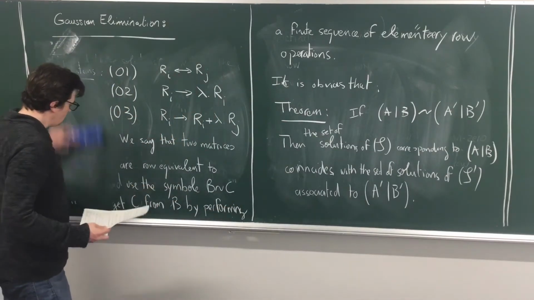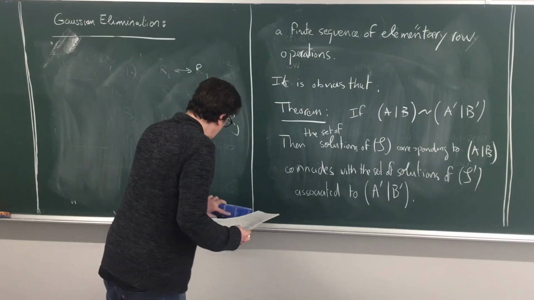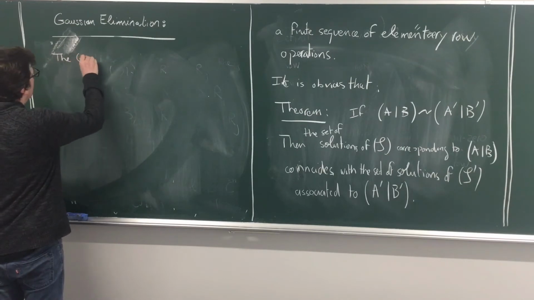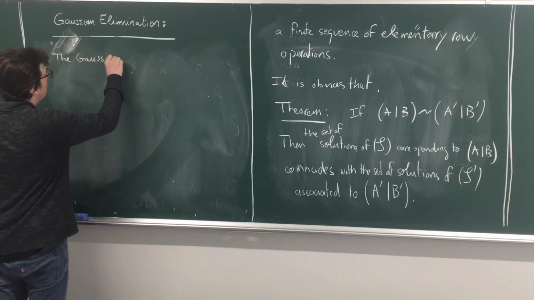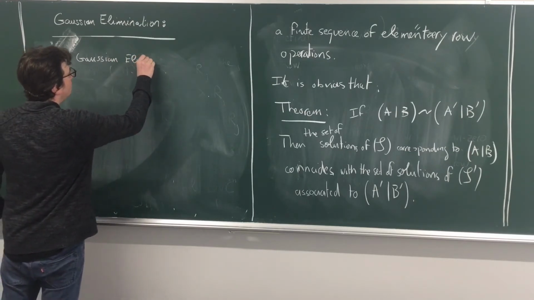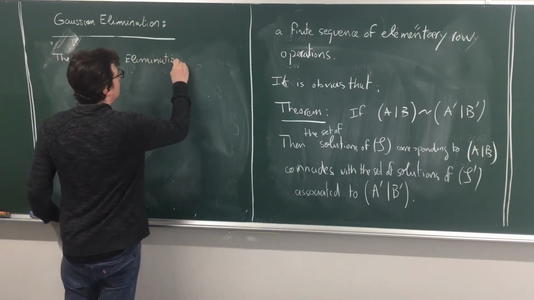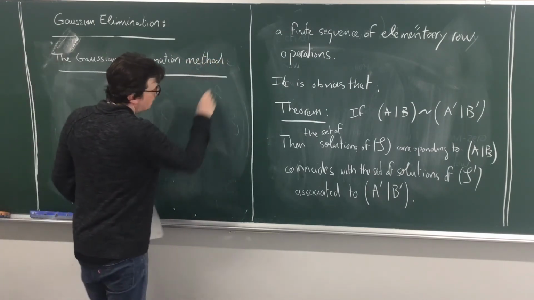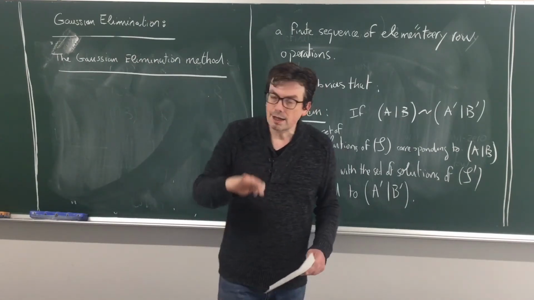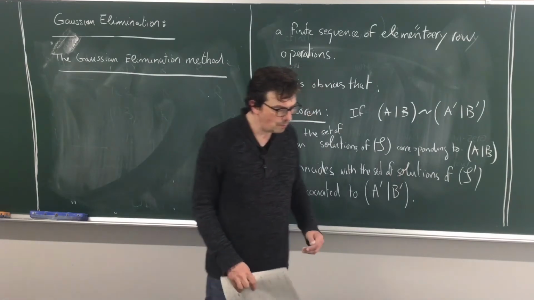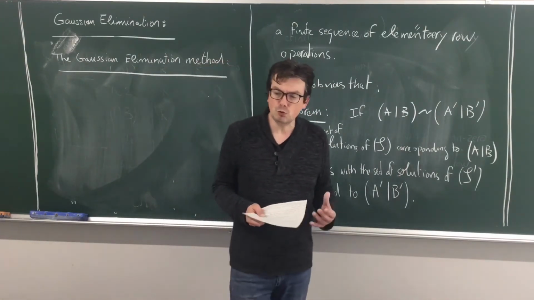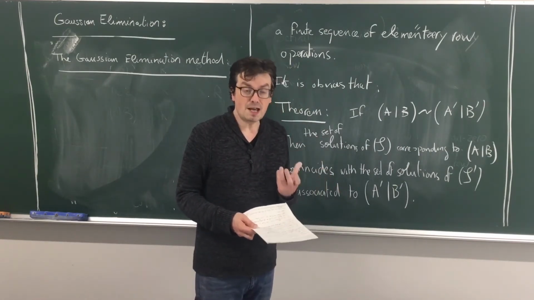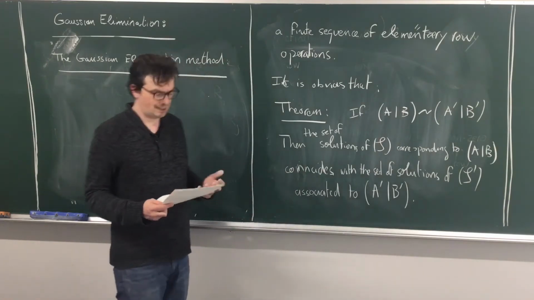So let's have a look at the so-called Gaussian elimination. I repeat, I want to transform my augmented matrix by these elementary row operations into something simpler. Let me now define precisely, mathematically speaking, what I mean by a simpler matrix.